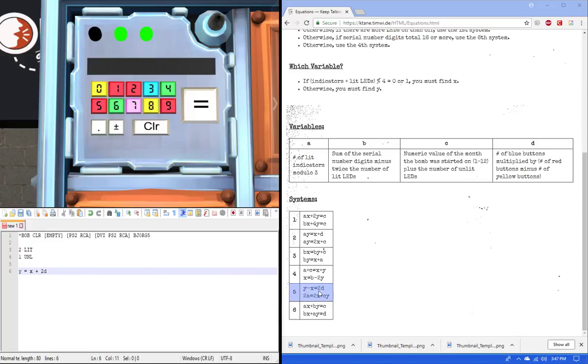All I did was add x on both sides to give me y. Then the next one is going to be 2a equals 2x plus cy, and minus 2x on both sides, so that's going to be minus 2x on that side. Then I got to divide everything by c.